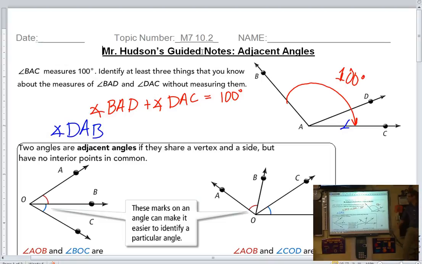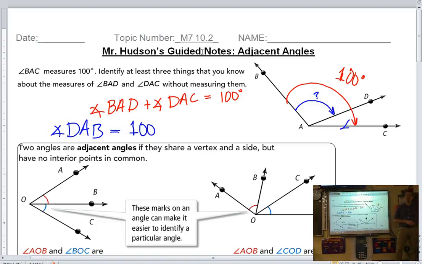How could I find this angle, if I know that the two angles together make 100, Hayden? Is it going to be bigger or smaller than 100? Smaller than 100. So I know that I could start with 100. Hey guys, this is identical to a homework question, so you're probably going to want to have this down.